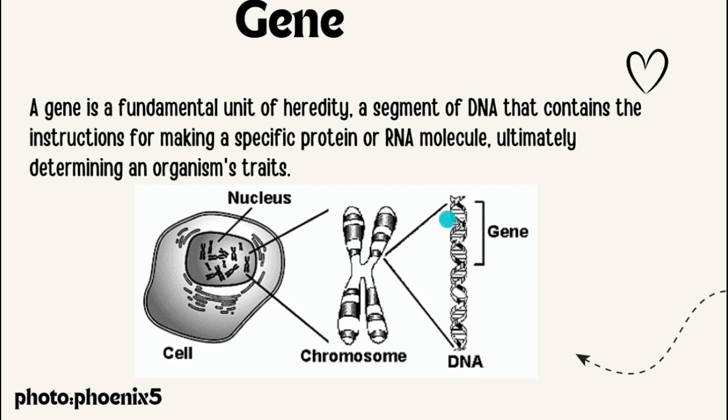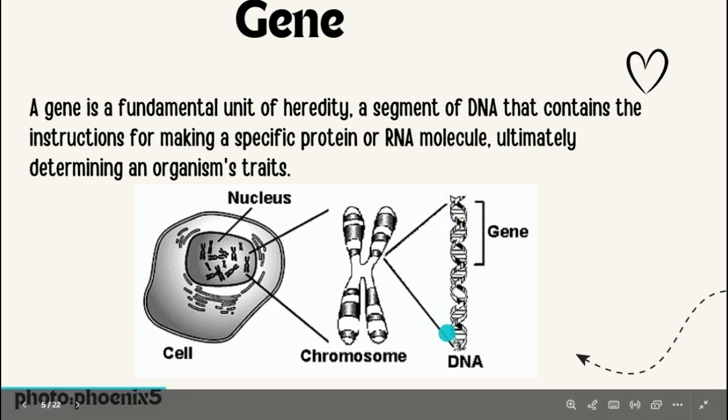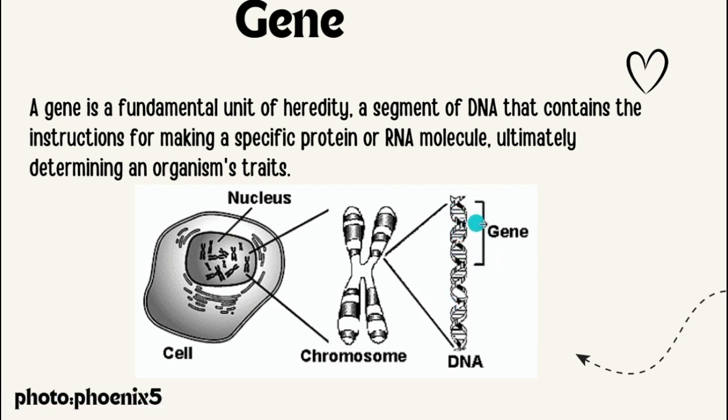So for example purposes only, if this was the entire DNA molecule that we had inside of us, that small segment would be the gene, right? And it's basically a fundamental unit of heredity. That's what the gene is. It contains instructions that are specific to make a specific protein or a specific RNA molecule.